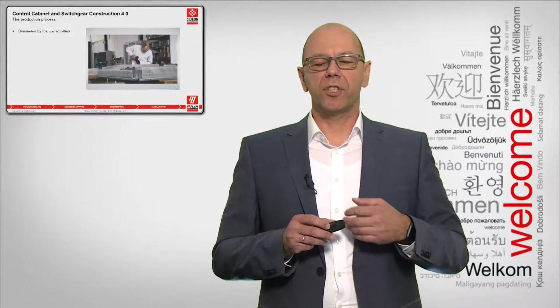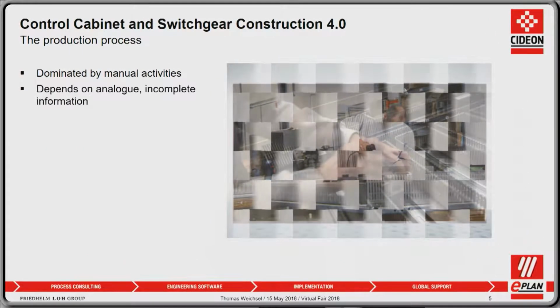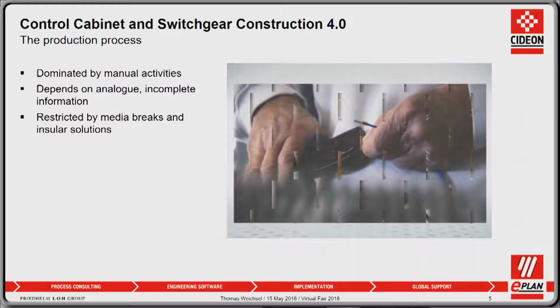So the process in control cabinet building is still dominated by a lot of manual activities. It depends on analog, often incomplete information that has to be interpreted, enriched, and translated into manufacturing information by highly educated and specialized staff. We have to see the media breaks in the complete workflow, which lead to isolated solutions.